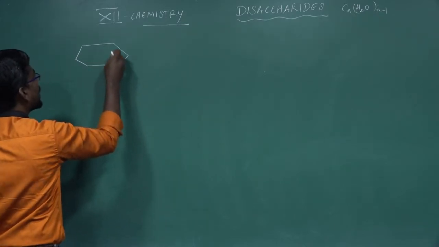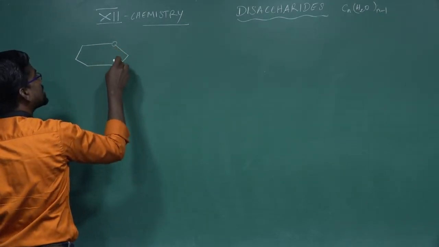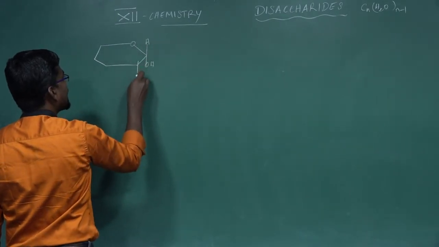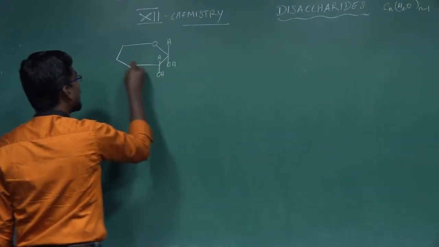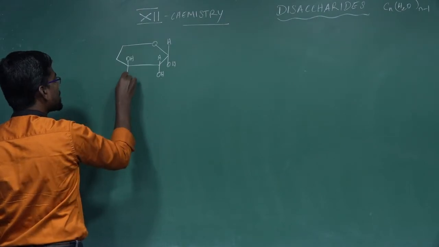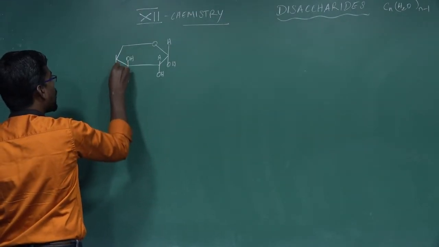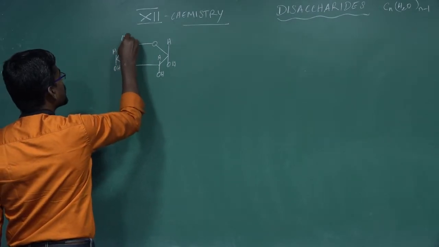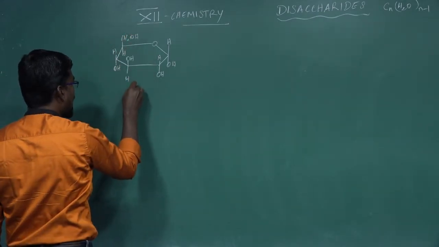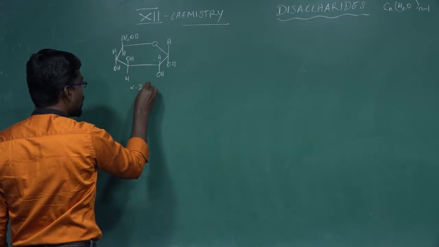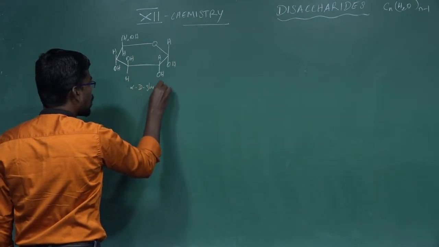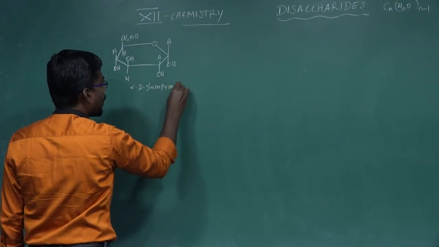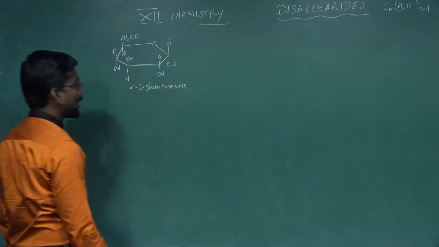The pyran ring, pyranose form, with oxygen, hydrogen, OH groups and CH2OH. It is alpha D glucopyranose.